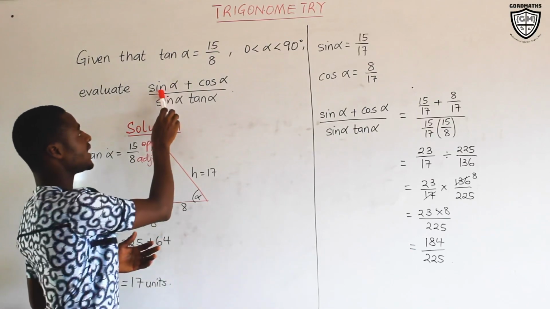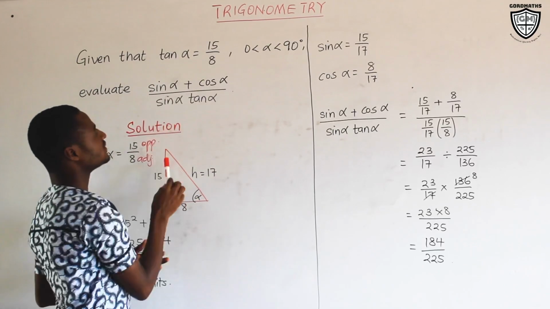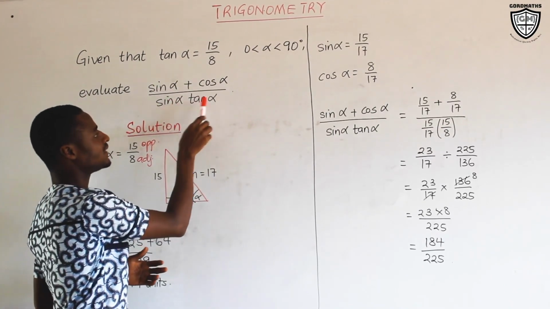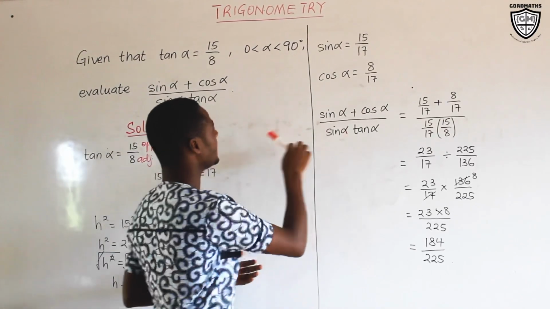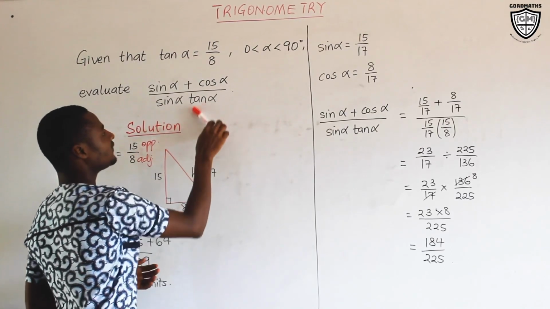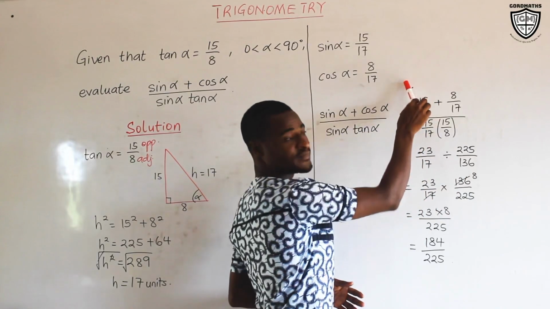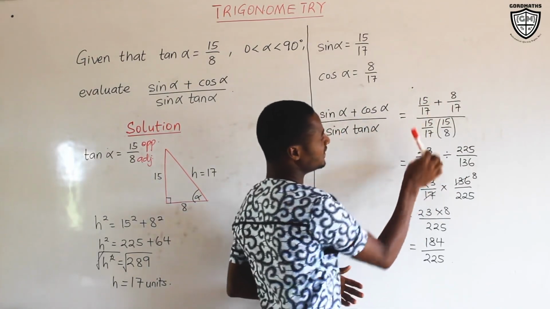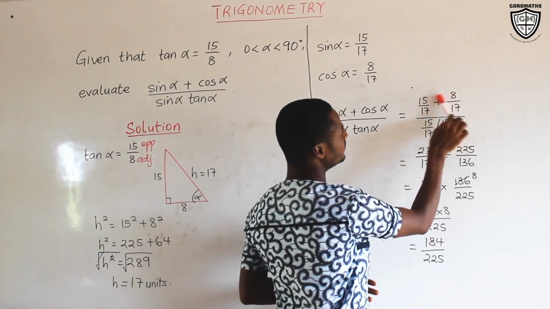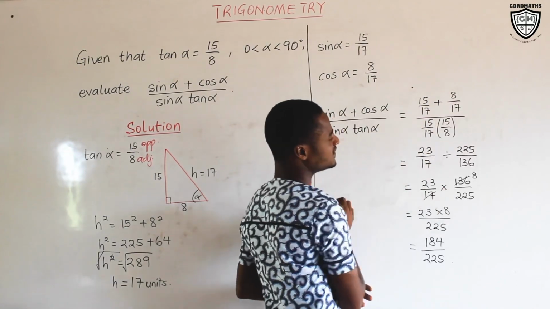Now, since we have sine, cos, and tan, we can evaluate sin alpha plus cos alpha all on sin alpha tan alpha. So we put in the values of sine alpha, cos alpha, sine alpha, and then tan alpha to obtain this expression. Then we simplify it by solving fractions with the same denominator. So we add the numerators, and that gives us 23 divided by 17.